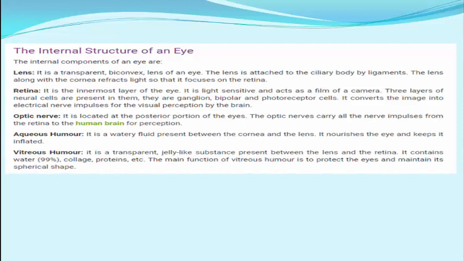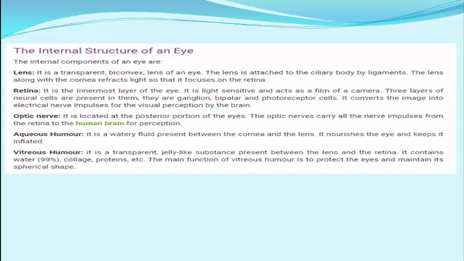Retina. It is the innermost layer of the eye. It is light sensitive and acts as a film of a camera. Three layers of neural cells are present in them. They are ganglion, bipolar and photoreceptor cells.